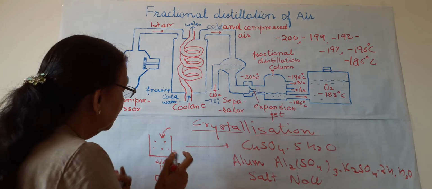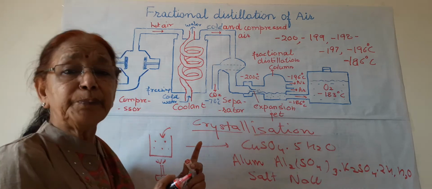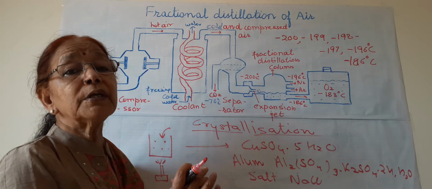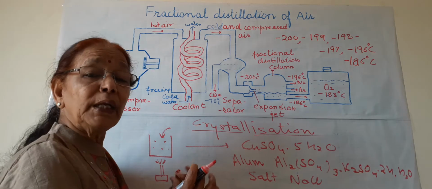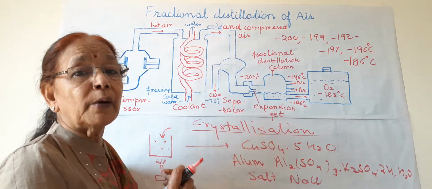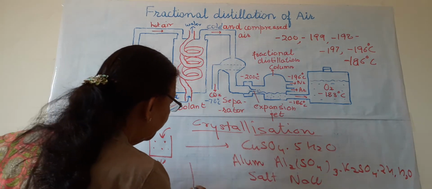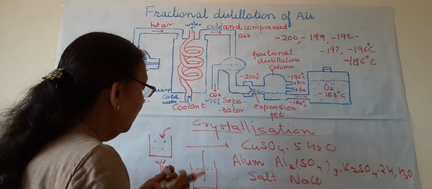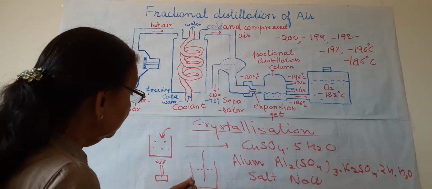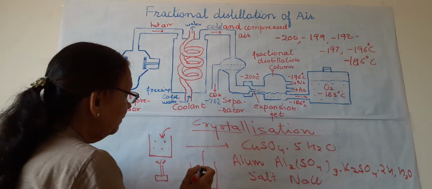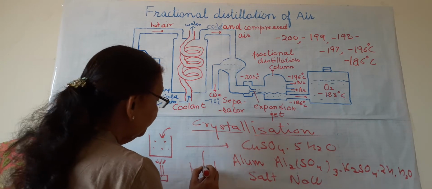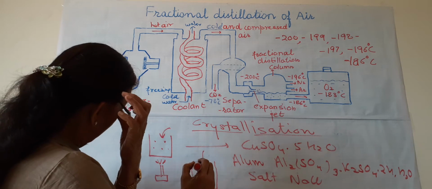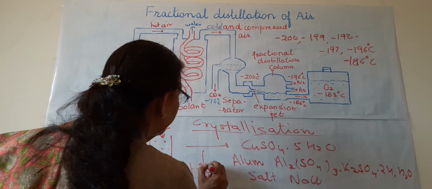What happens next? We keep this beaker for 1 or 2 days to cool slowly. We can also put one thread in this saturated solution. After 1 or 2 days, you will see that crystals of copper sulfate are formed and attached to this thread.